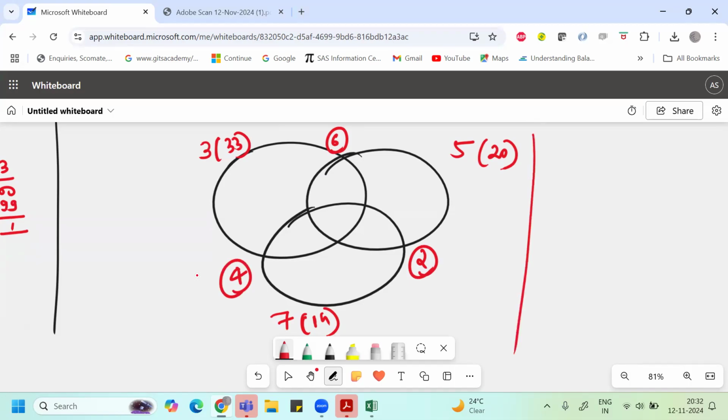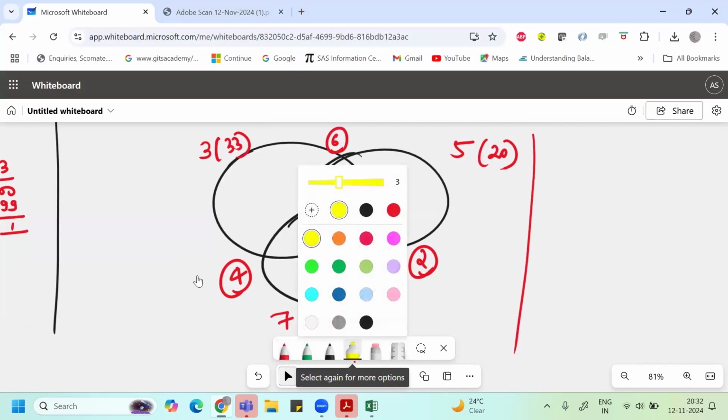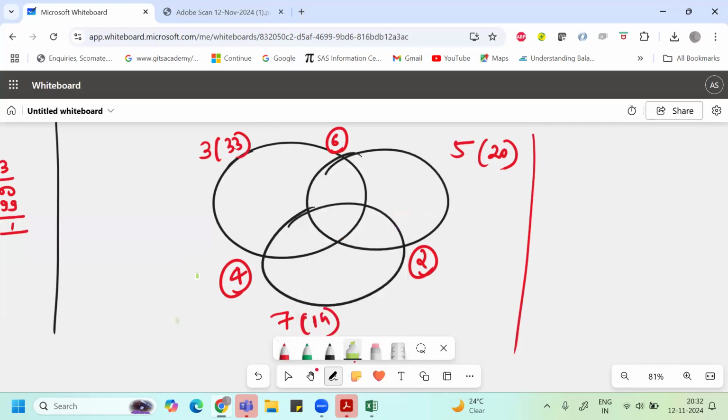Now the last and the most important part, this part. What does this part represent? This part represents the number of elements in the intersection, which are divisible by 3, 5 and 7.